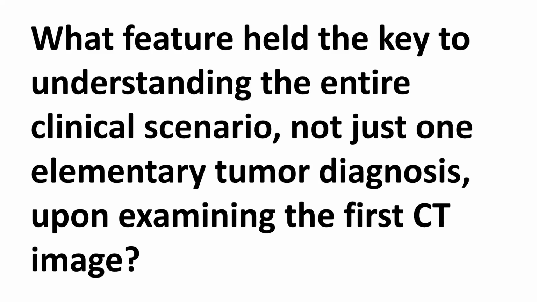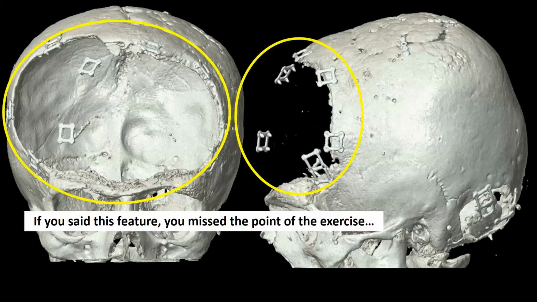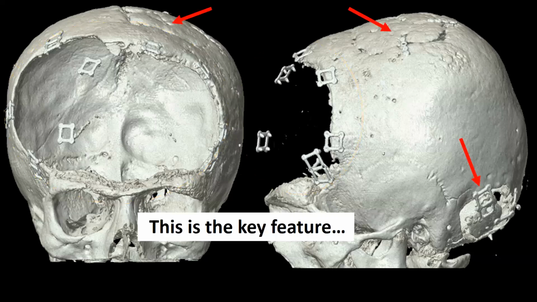Upon examining the first CT image, you could get it from the first CT. What is it? All right, if you said this was the key feature, you've missed the point of the exercise. It's like the lady in the red dress, Matrix. Yeah, right. There's a point to the exercise. That's not it.